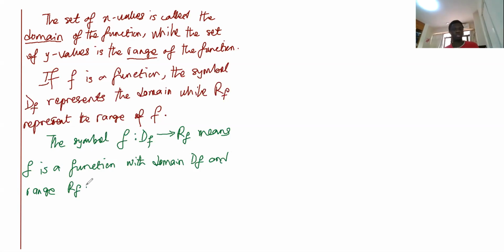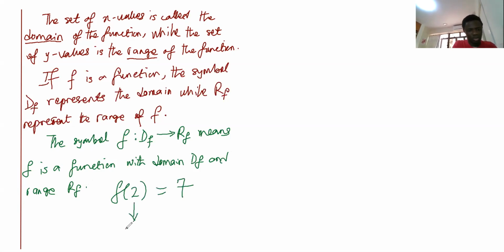So when you see this symbol, we're saying f is a function that acts on the elements of D_f to produce the elements of R_f. So for example, when you write f of 2 equals 7, this 2 belongs to the domain, this 7 belongs to the range.